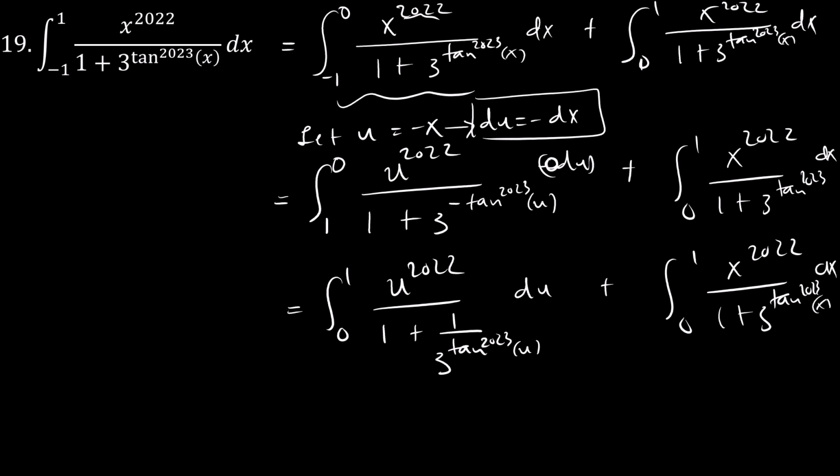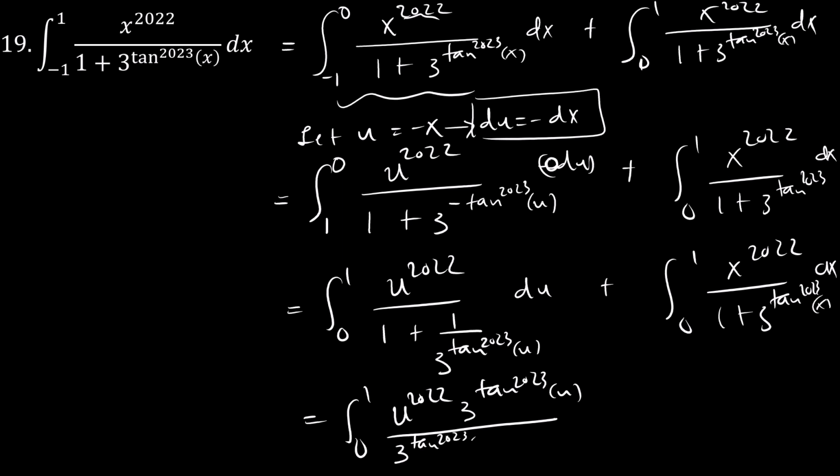And then when you multiply it up, it becomes 0 to 1 of u to the 2022 times 3 to the power tangent 2023 of u over 3 to the power tangent 2023 of u plus 1.